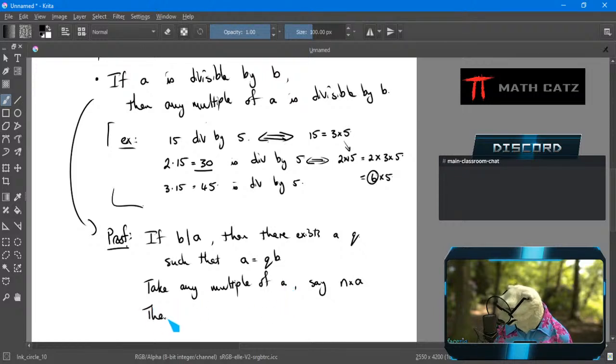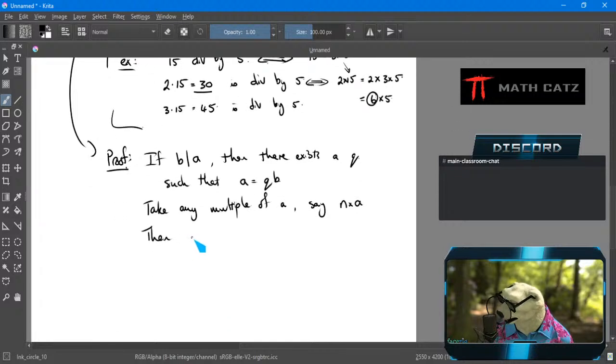Then we can write this new number, N times A, same as we did up here for the 15 and the 5, by replacing A with its more detailed Q times B. I have N times Q times B, which will be N times Q times B. So there exists a number, not Q, but something else, so that when I multiply it by B, I get the larger number I wanted to divide into.